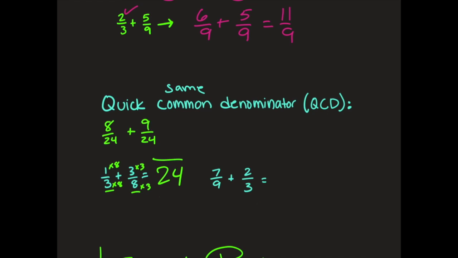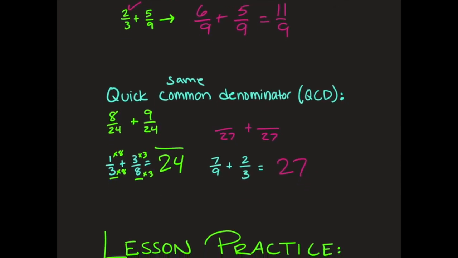So then again, in future videos, we will be practicing this skill, but knowing that quick common denominator, multiplying the bottom two numbers, is going to give me the common denominator, 9 times 3. In this second one right here, that's 27. So I know for both of my fractions, my denominator is going to be 27. And then again, we'll practice in the future putting in those numerators as well.